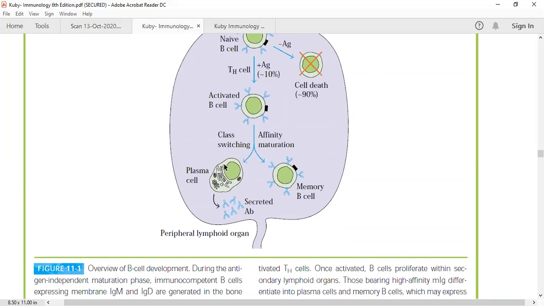Why so? Because they need to secrete the antibody molecules, and antibodies are glycoproteins. So first of all, the ribosomes, which are attached to the rough endoplasmic reticulum, need to synthesize these proteins, and then they will be glycosylated in the Golgi bodies. Finally, they will be secreted out of these plasma cells. Plasma cells can secrete a large number of antibodies. So can any one of you give a number of antibody molecules secreted by the plasma cells?